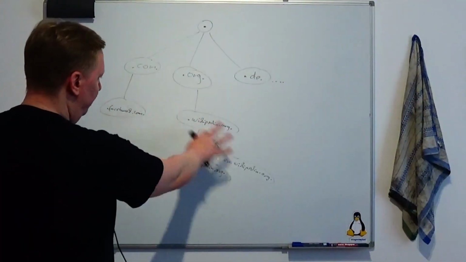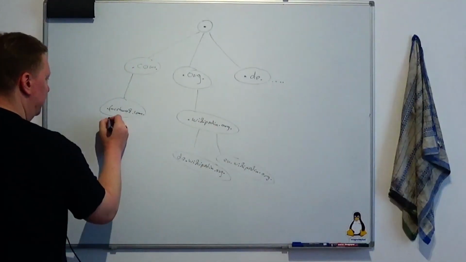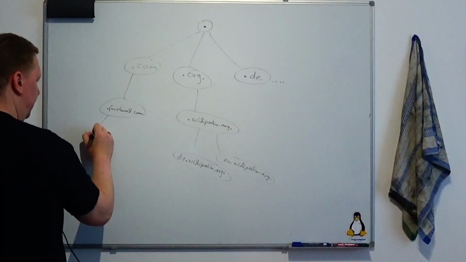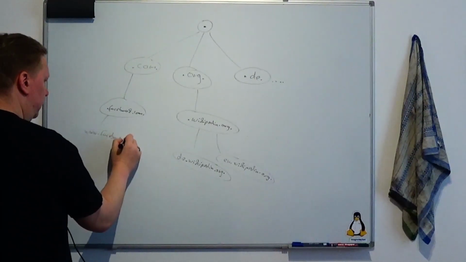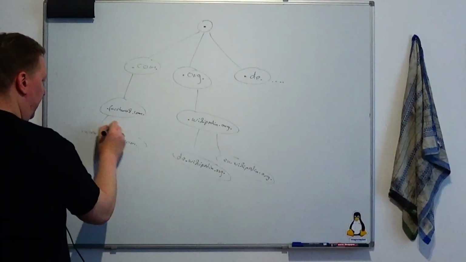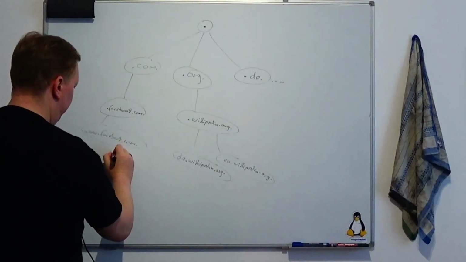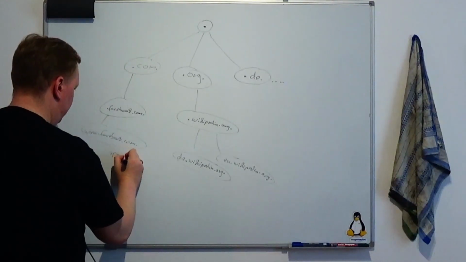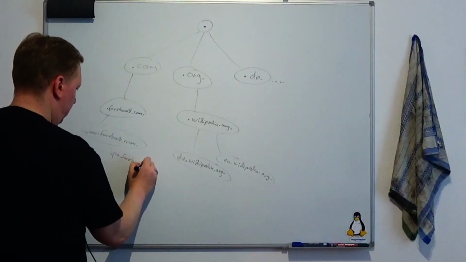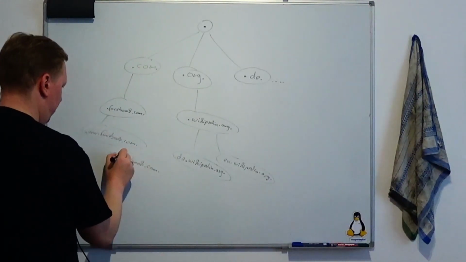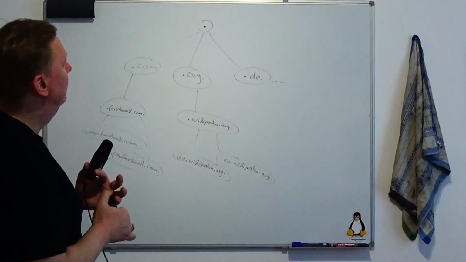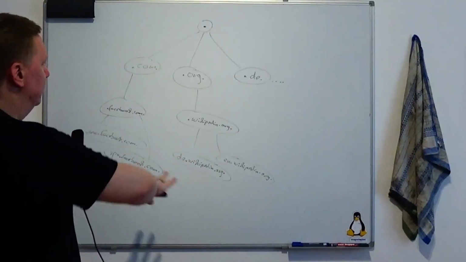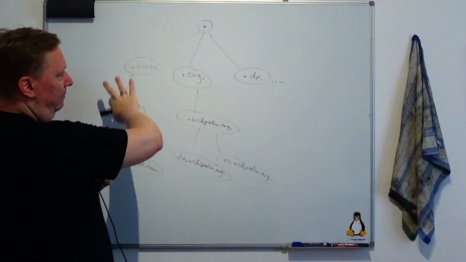And normally when we are talking about websites, then you would have something like www.facebook.com and maybe something like, I don't know, VPN for their internal stuff, vpn.facebook.com or something like that. Okay. So, domain names form this tree-like structure.